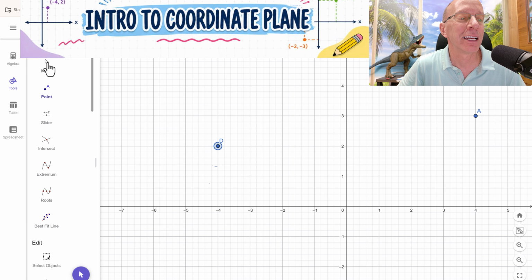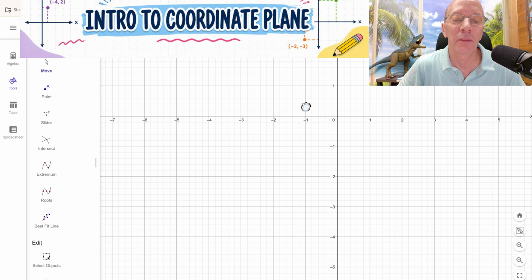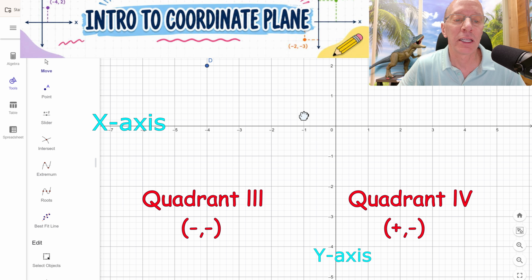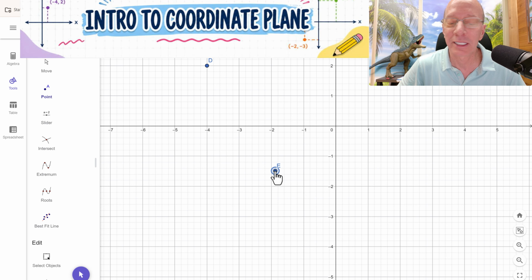All right, let's go ahead and start plotting a point in quadrant 3. Now, quadrant 3 is different from all the other quadrants because we have a negative x and we also have a negative y. So we're going to go ahead and plot the point negative 6, negative 2. So again, we always start at the origin.